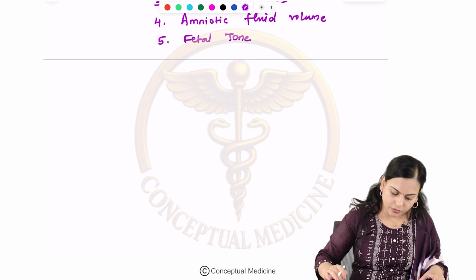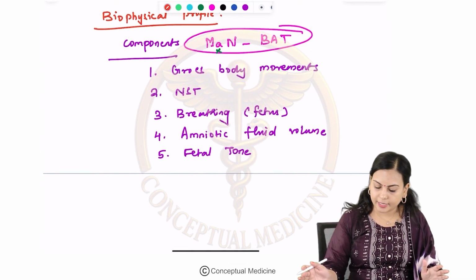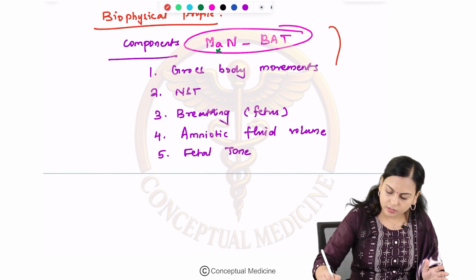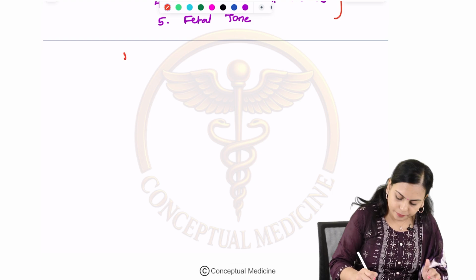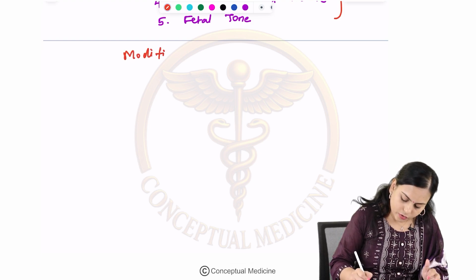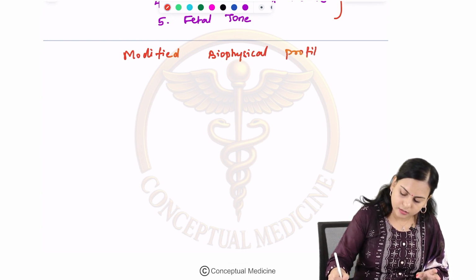Clear? Okay. Now, we are not using this biophysical profile anymore because we have a much easier modified biophysical profile nowadays. So, we will see the modified biophysical profile components.